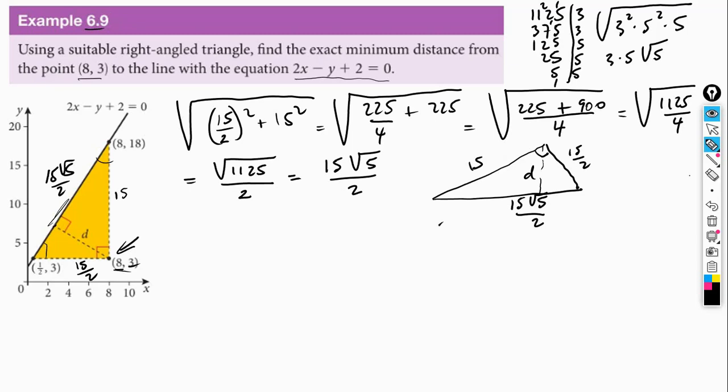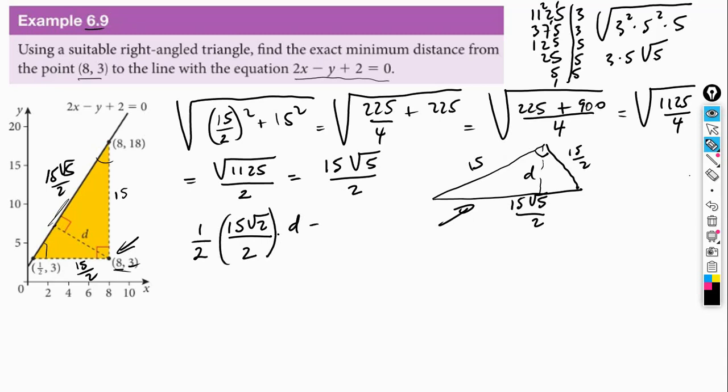So if we use this triangle here, it's 1/2 base, 15 square root of 5 over 2, times the height. 1/2 times the base times the height.